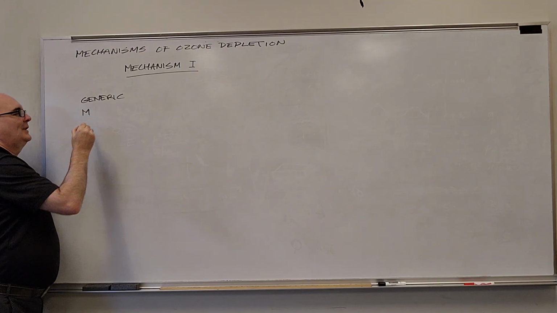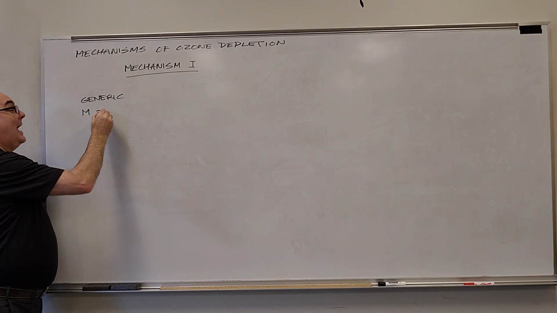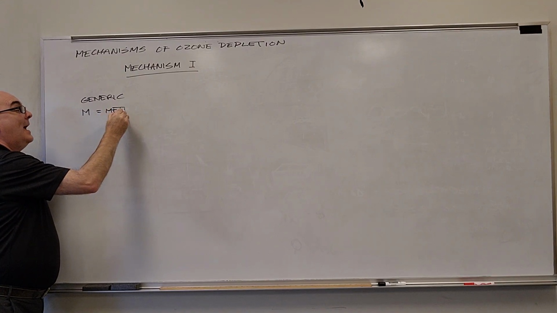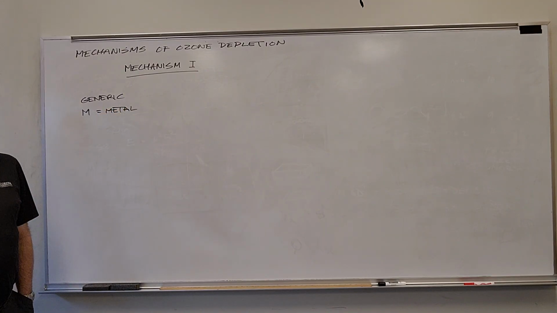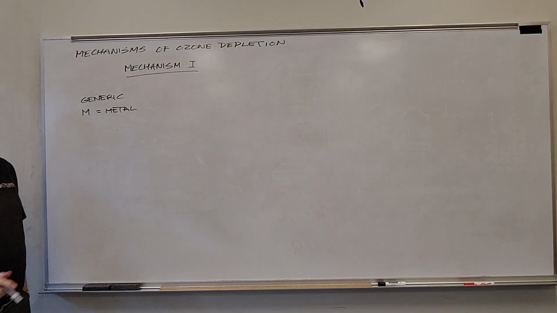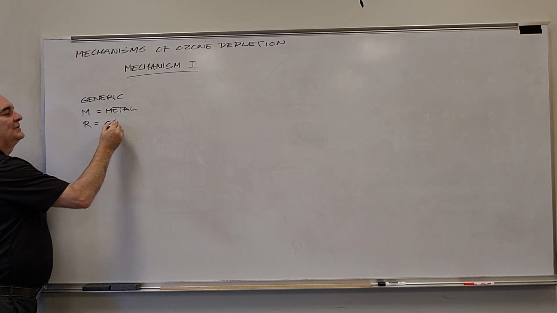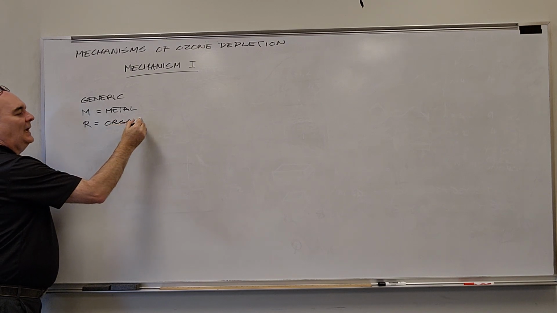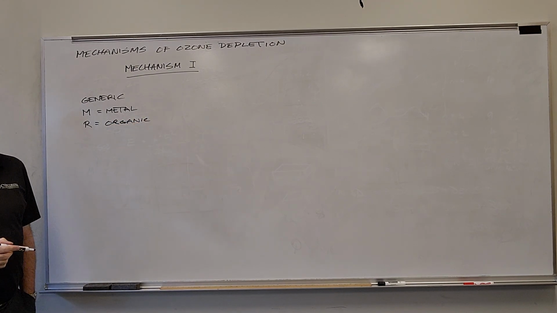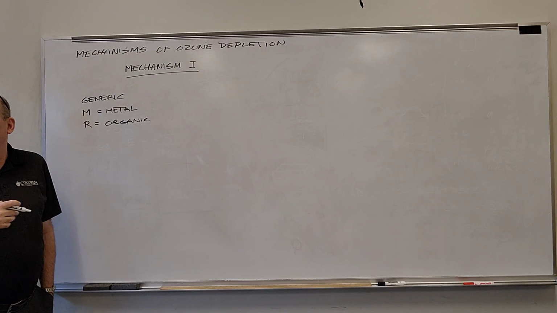If I want to tell you that I'm looking at a metal, I just write M. There is no M on the periodic table. There's no element M. M just means metal. R means some carbon-containing organic group. I'm not going to specify any more than that. I'm just going to let it be.